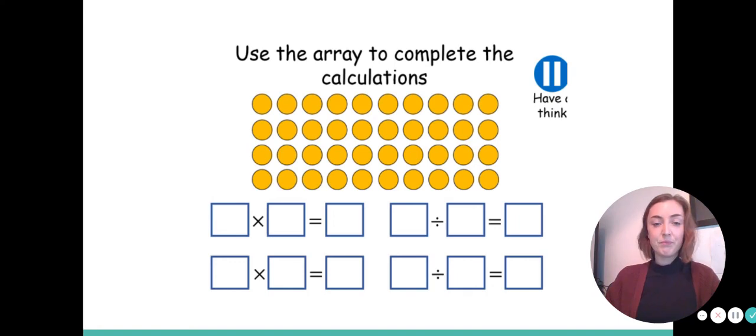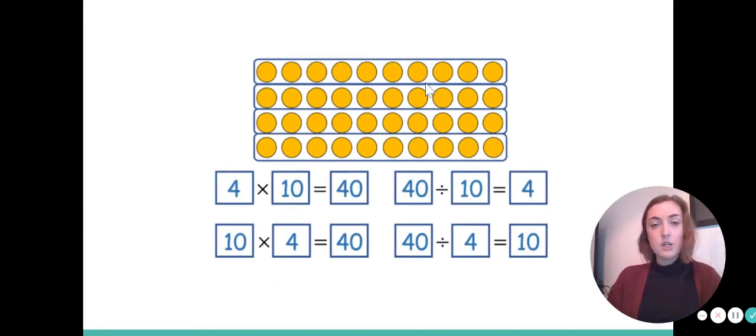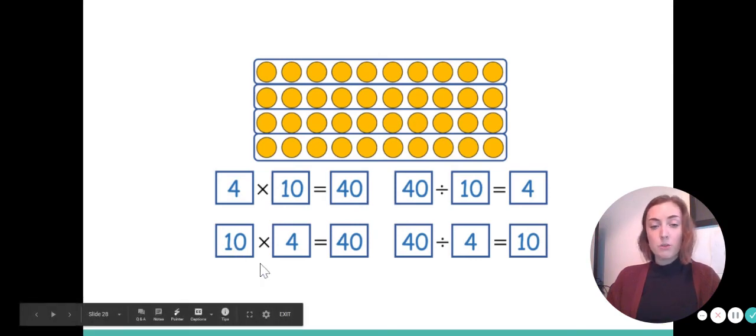Okay, let's tick or fix our answers. So I've circled them so I can really clearly see to myself the groups. And like I said, we have 4 times 10 equals 40. And we know multiplication is commutative. So if I swap those numbers round, I can say 10 times 4 equals 40.